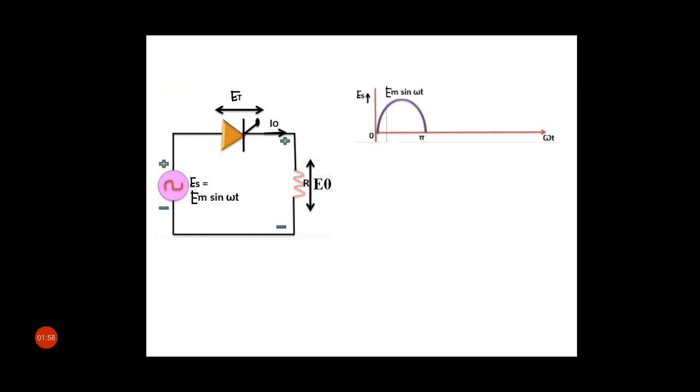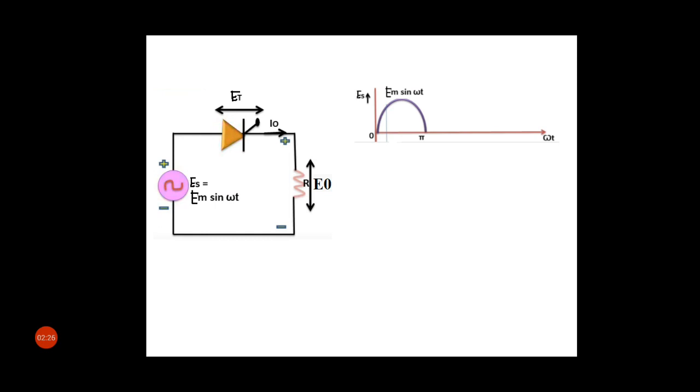As soon as a gate pulse is applied to the thyristor at omega t equal to alpha, the thyristor turns on, the voltage across the thyristor collapses to almost 0, and the full supply voltage appears across the load.